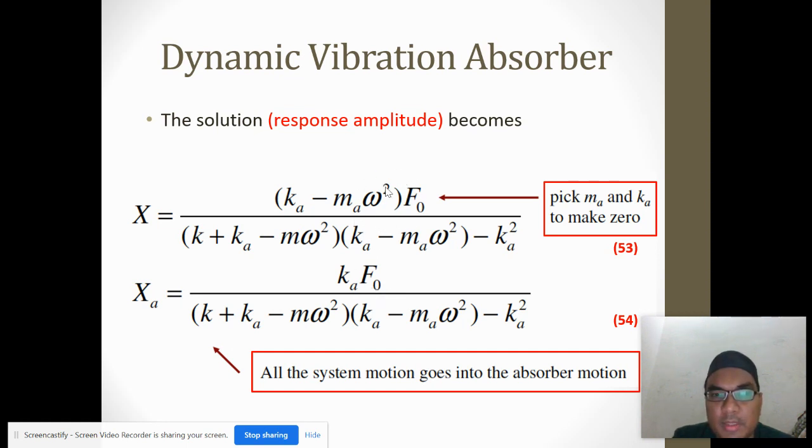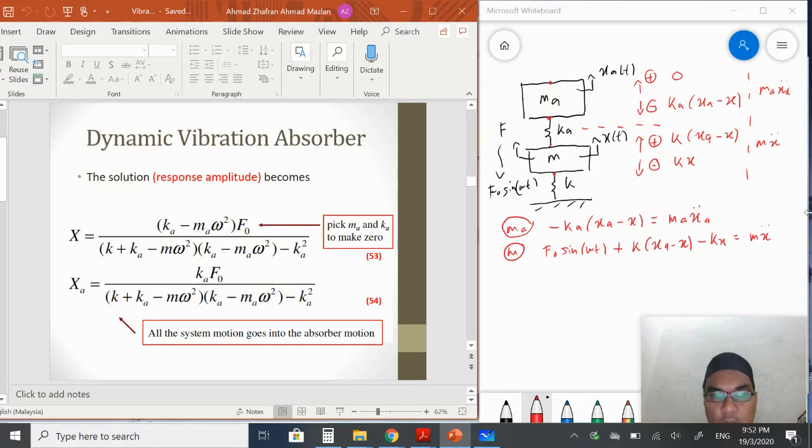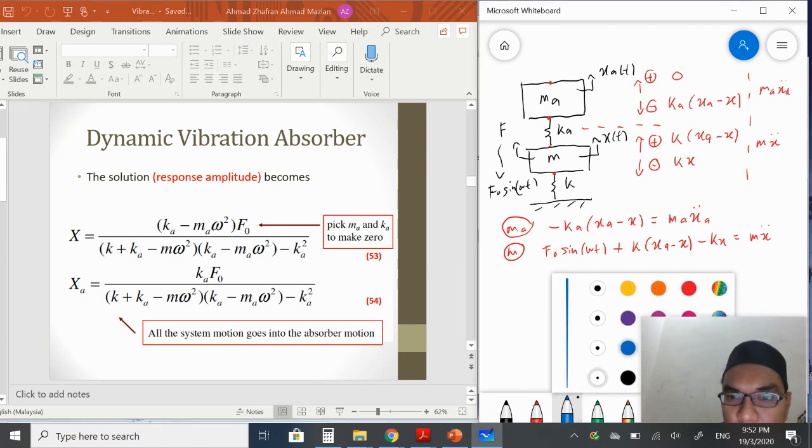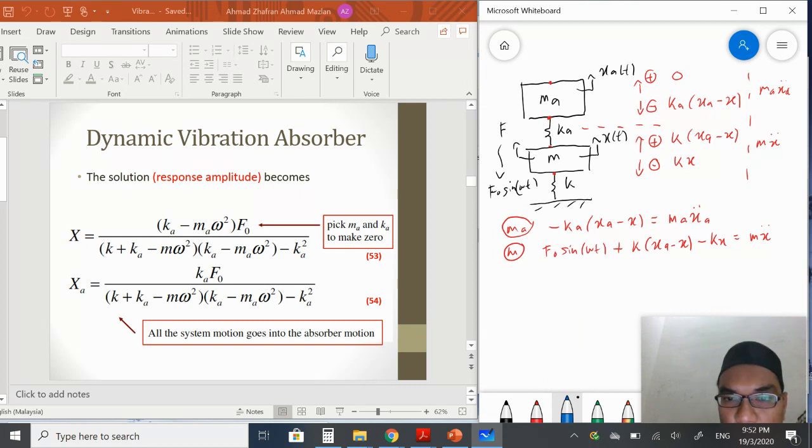This means that we have the omega. So basically, we already know that omega, maybe we can have omega equal to k over m, right?